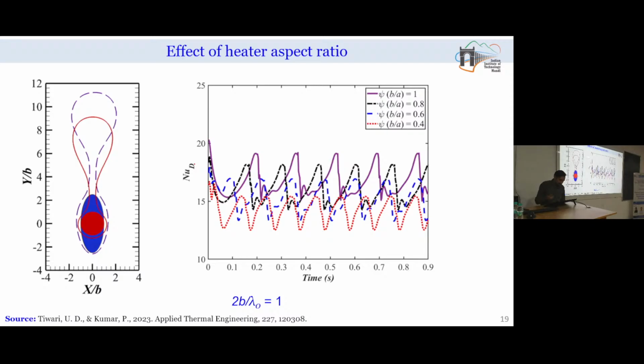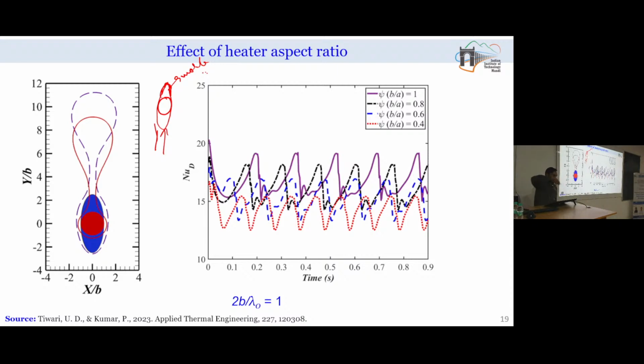What we can do is, we can have a cylindrical heater, a circular heater, or sometimes it may come to my mind that instead of using a circular heater, let me go for an elliptic heater, because if I go for this type of elliptic heater, ultimately it will be increasing the overall area available for heat transfer, and it may also give some feeling that this particular shape is more slender in comparison to the bluff shape.